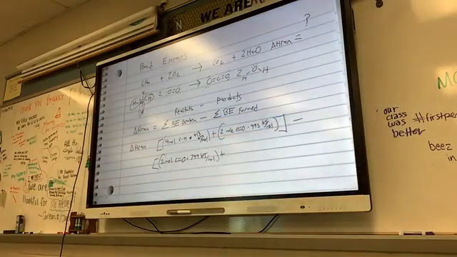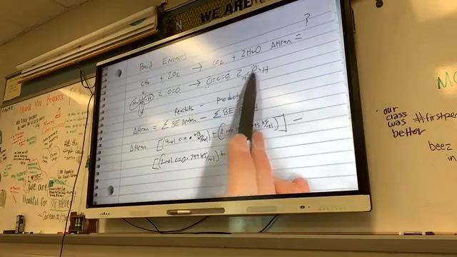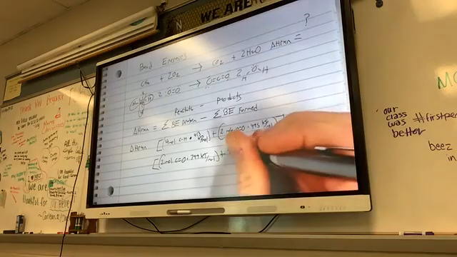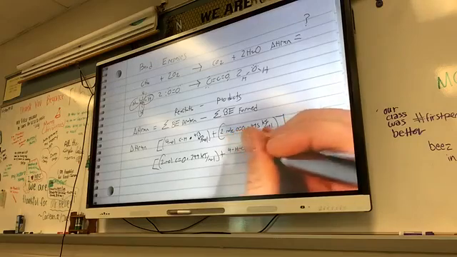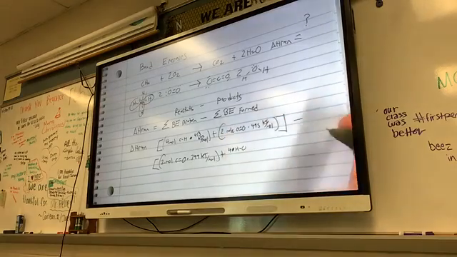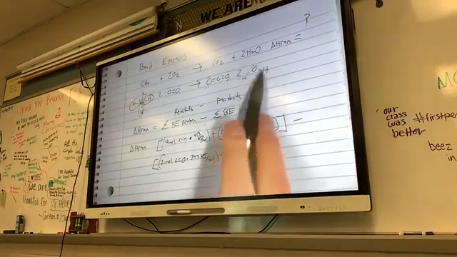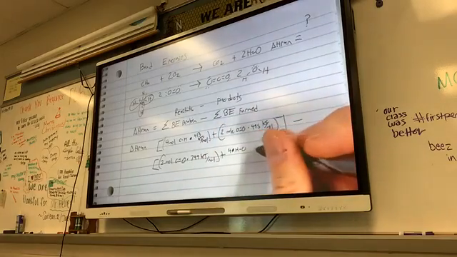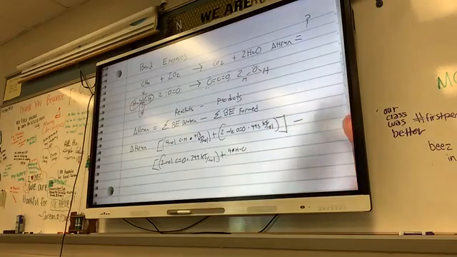Plus, how many H single bonded O's do I have? No. 4. Plus 4 H single bonded O. Right? Because I've got 2 times 2. Agreed? So shouldn't the one before that, 2 moles, be 1 mole?